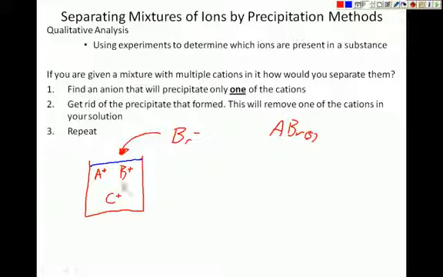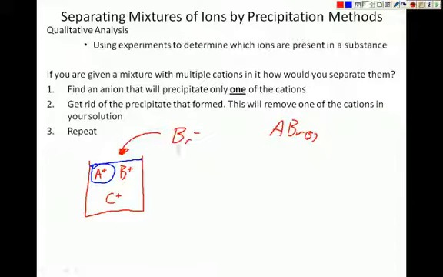So what we can do is we have found an anion that precipitates only one of these cations. It only precipitates A plus.